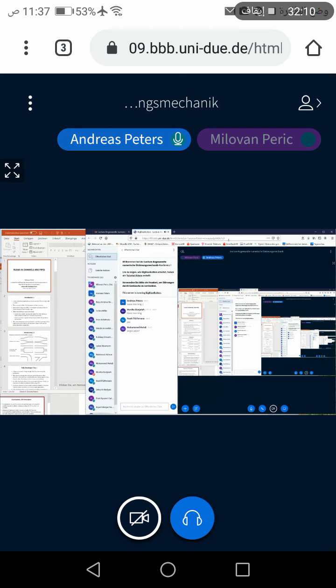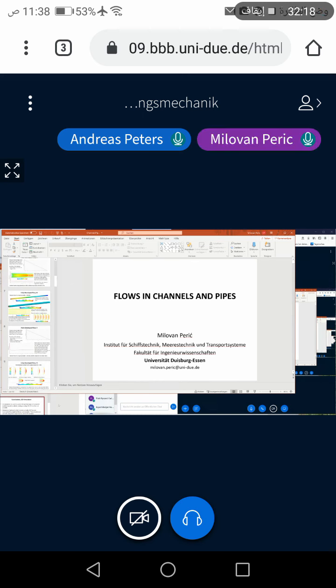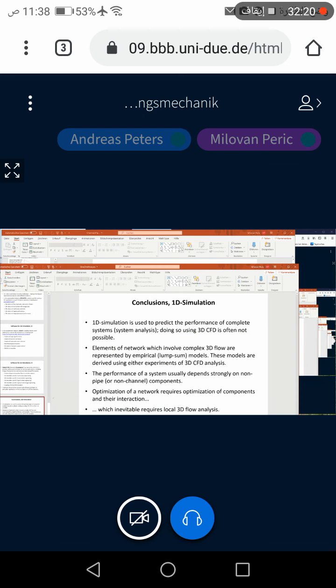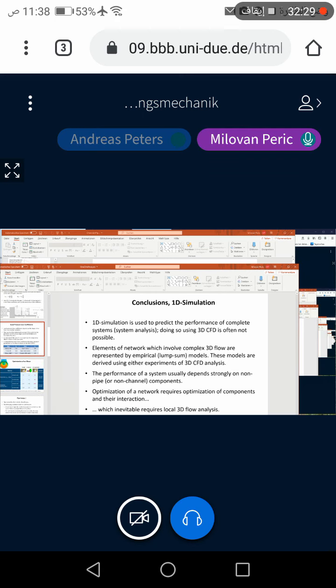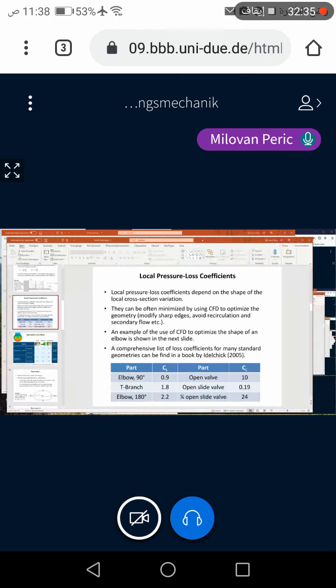Okay, on the 6th slide, I think, where you have shown the pressure loss coefficients, what is the difference between the open valve and the open slide valve? Again, I didn't catch that. The normal valve, I should have shown the picture.